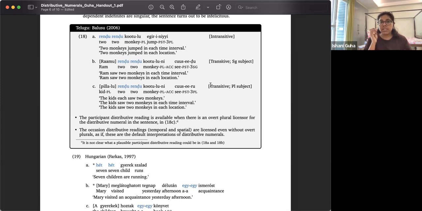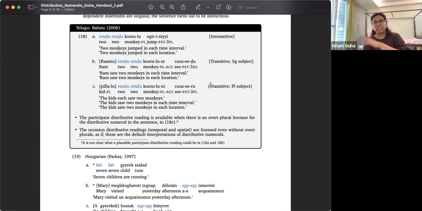That is, in each time interval, Ram saw 2 monkeys, or in each location, Ram saw 2 monkeys. So, for example, Ram went to a zoo, and there are several monkey enclosures, and he's visiting them, and in each location, he's seeing 2 monkeys.